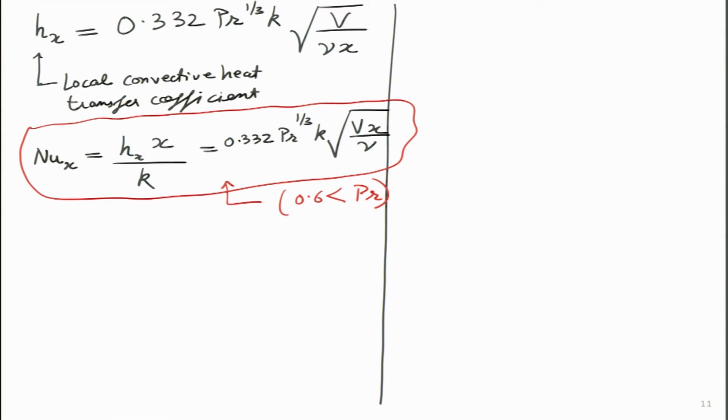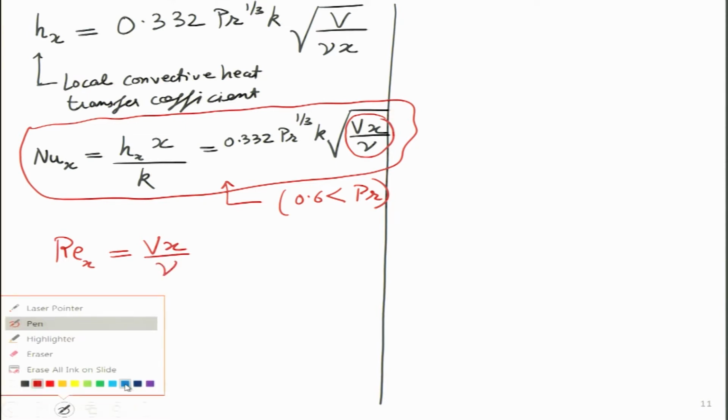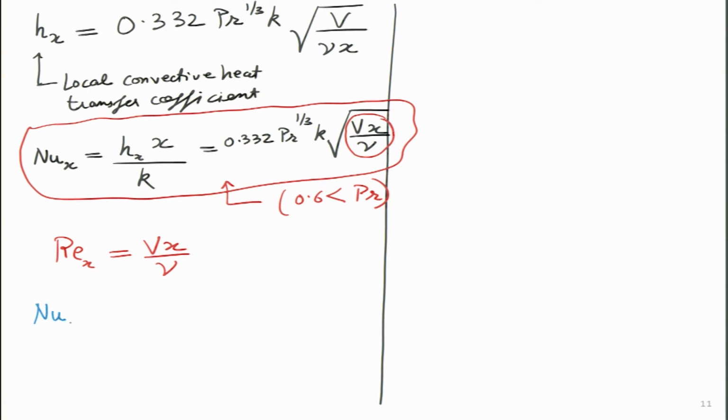And I think our students will immediately realize what Vx by nu is. I can replace it with the Reynolds number with subscript x, which means I can say the Reynolds number as a function of x is nothing but Vx by nu. So, I can rewrite it in a very simplified form and say the local Nusselt number turns out to be simply 0.332 Prandtl to the power 1 by 3, multiplied by Reynolds to the power 1 by 2.